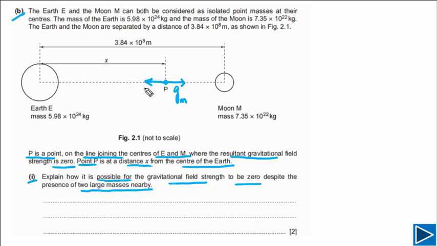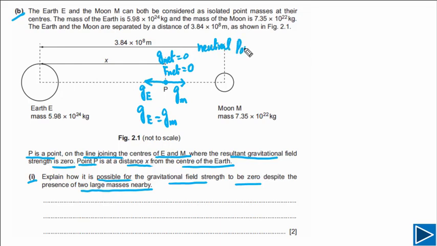The resultant gravitational field at this point is equal to 0 only if GE is equal to GM. Then the resultant of these two will be 0 because they are pointing in opposite directions, so they will apply opposite forces on any mass we place at this point P. And this point P where g is equal to 0, meaning the net g is equal to 0, or simply where the net gravitational force on any mass is equal to 0 on the line joining these two objects, is also called the neutral point.